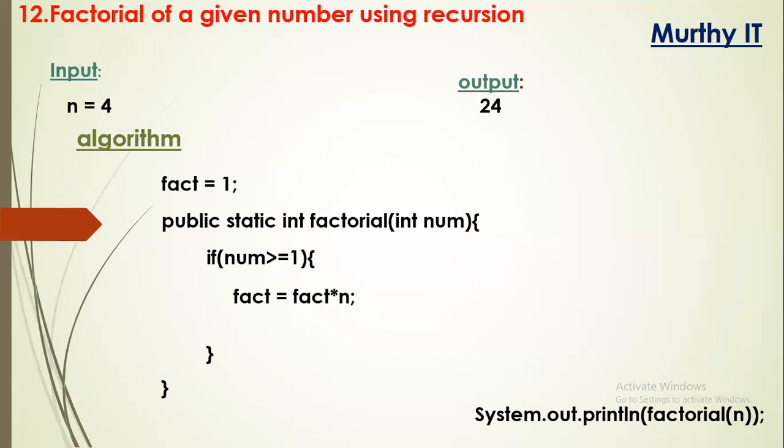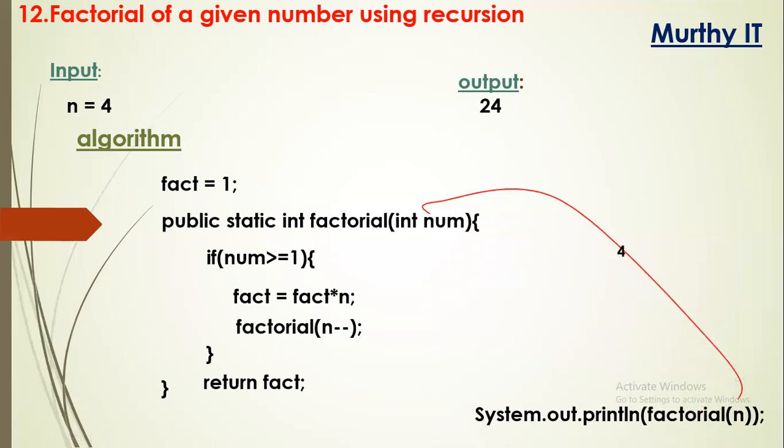Then afterwards, I want to call this method itself. Once this logic is finished and the condition becomes false, then the complete factorial calculation will be done.